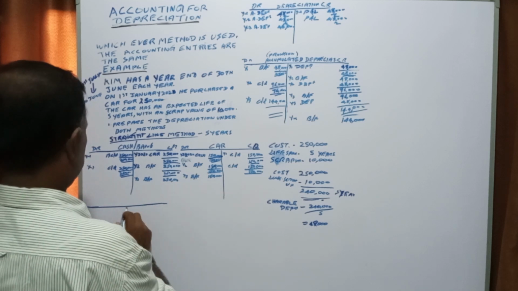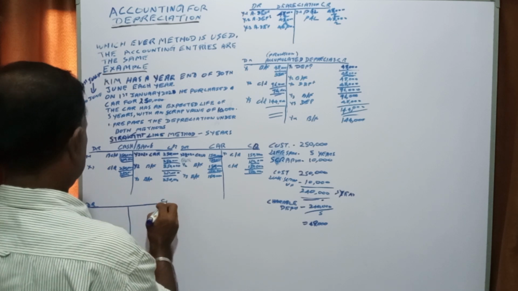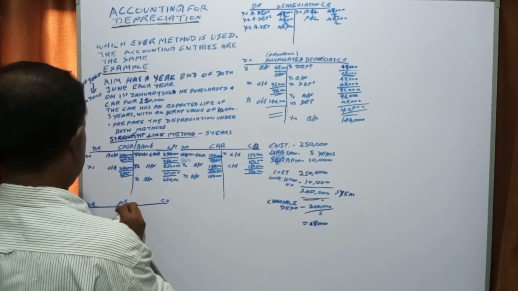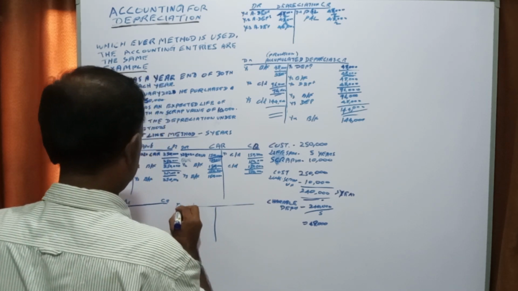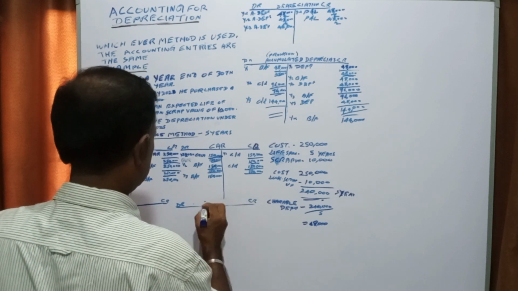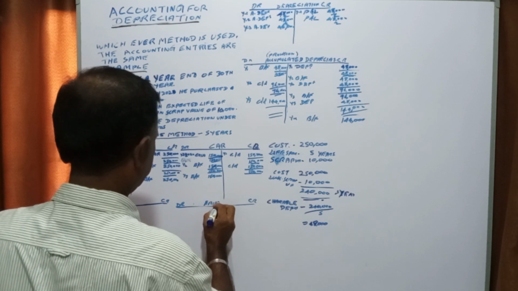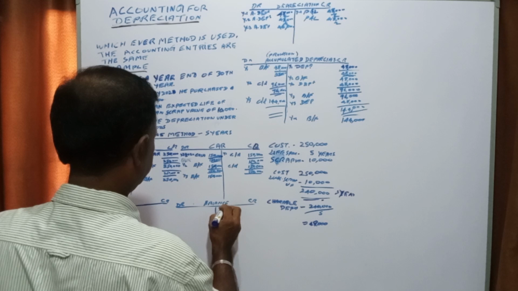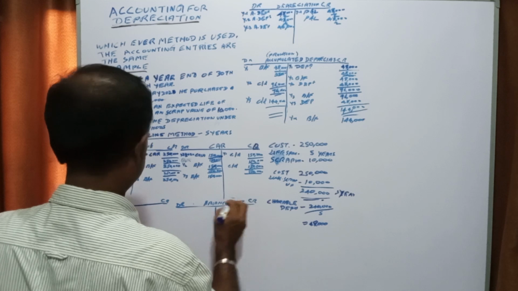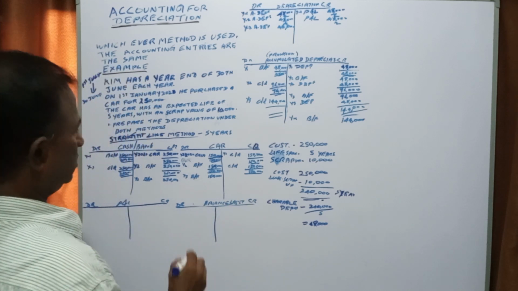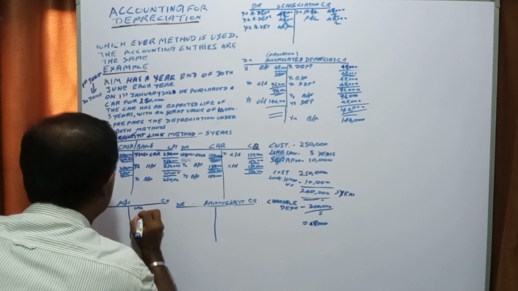Last year only I am going to show you debit and credit. P and L here, balance sheet. Debit and credit. Balance sheet. Here are non-current assets.